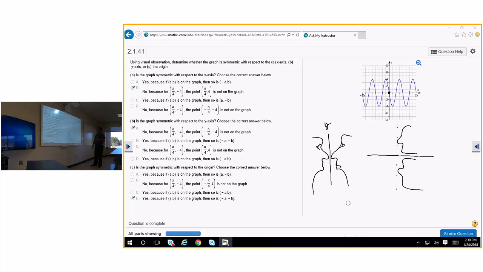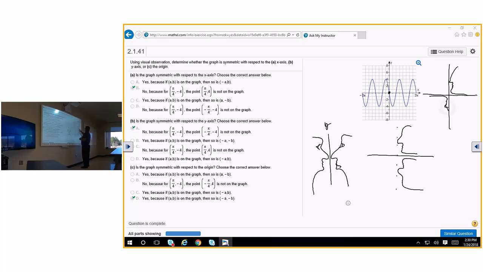Now across the origin, it would be symmetric across the origin like this. That's the nose. I'm getting tired of drawing. Your chin would be right here, and it would be like that, and then this, and then that. I'm sorry.